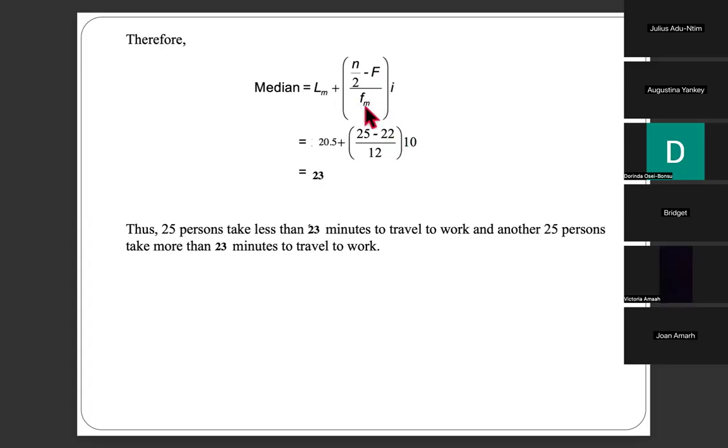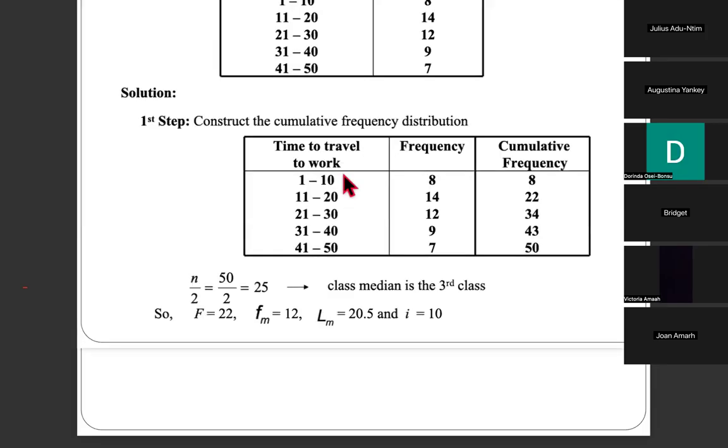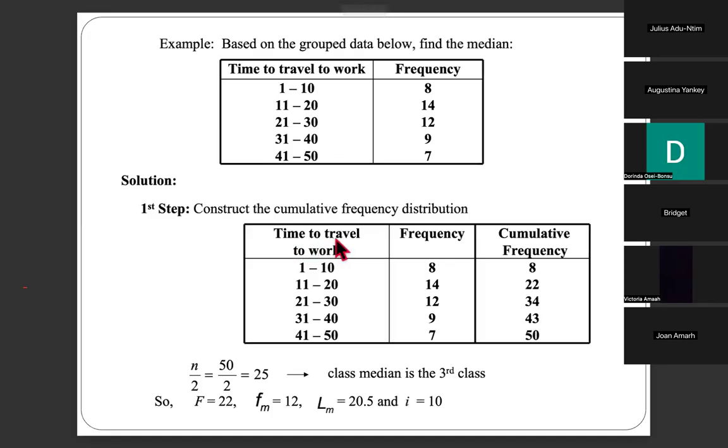And this is the frequency on the median class, which is 12, times i, the class width, which is 10. So 25 minus 22 will give us 3. 3 over 12 times 10 plus 20.5 will give us 23. Here we are looking at time to travel to work.